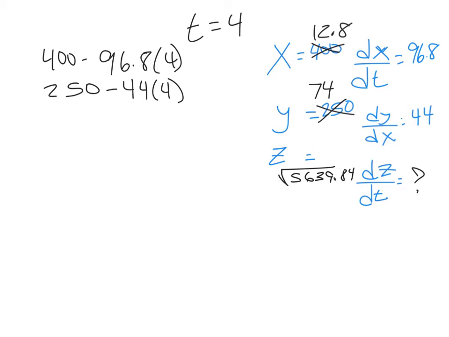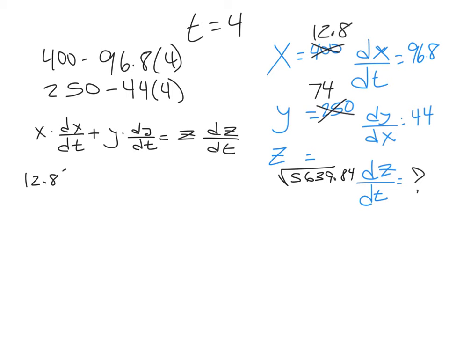So x dx/dt plus y dy/dt equals z dz/dt. Since we already did it, I'm not going to write it out. So 12.8 times 96.8 plus 74 times 44 equals that crazy square root times dz/dt.